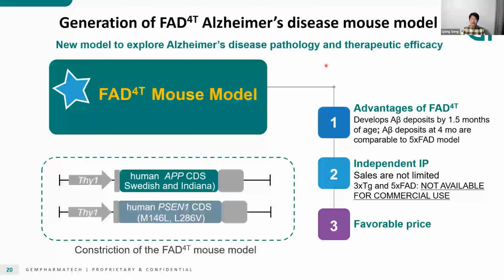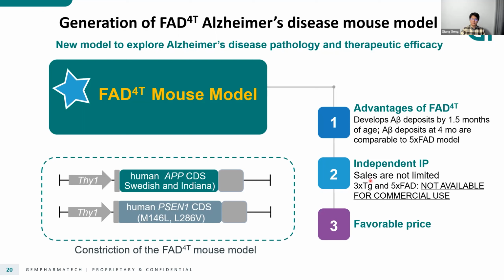And here we developed the FAD40 mice. This is a new model to explore Alzheimer's disease pathology and therapeutic efficacy. And these mice carry 4 AD mutations: Swedish and Indiana mutations in the human APP gene, and another 2 mutations in the PSEN1 gene.